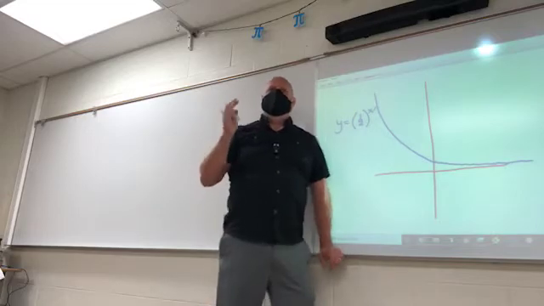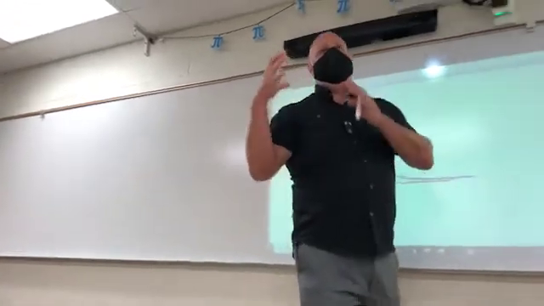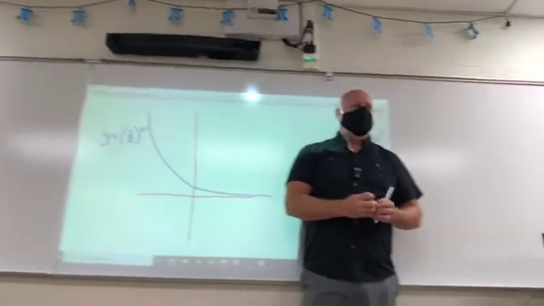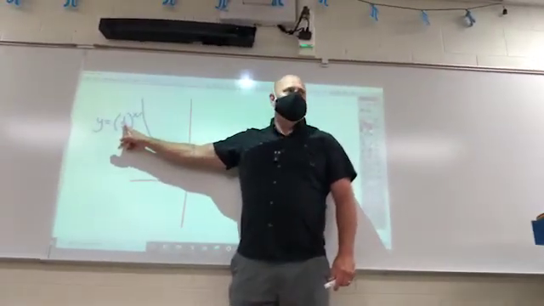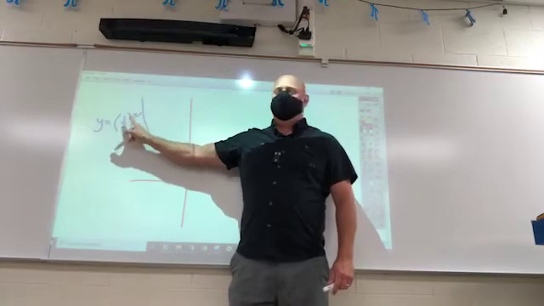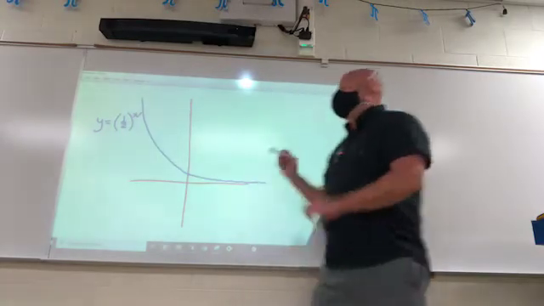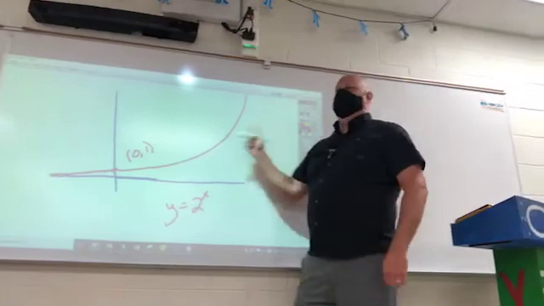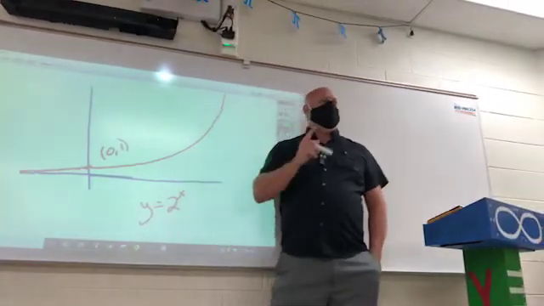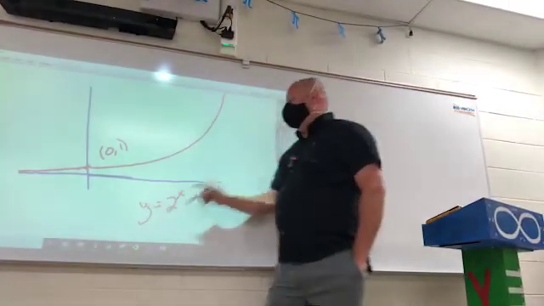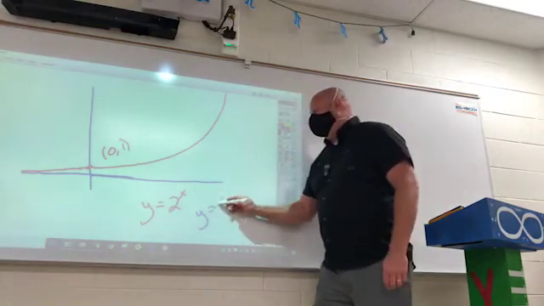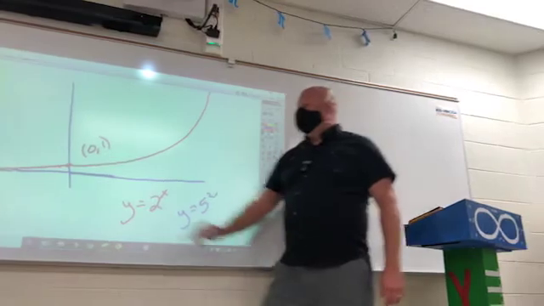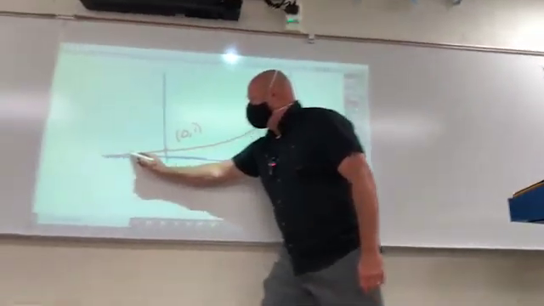So what kind of numbers can you multiply by that the result will get smaller? Less than 1. If this number is bigger than 1, the number that's raised to the exponent, you are going to see an exponential growth graph. Almost all the graphs look basically the same. The difference between y equals 2 to the x and y equals 5 to the x is that the graph would look like this.